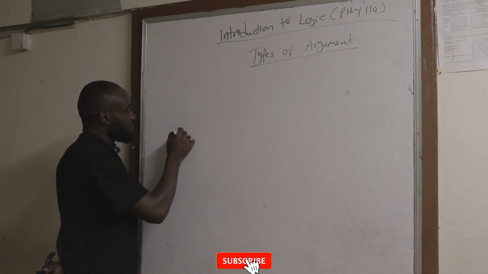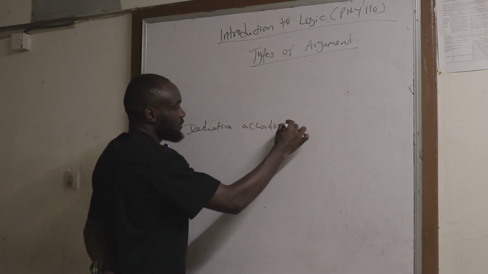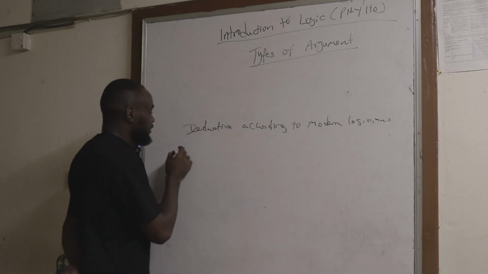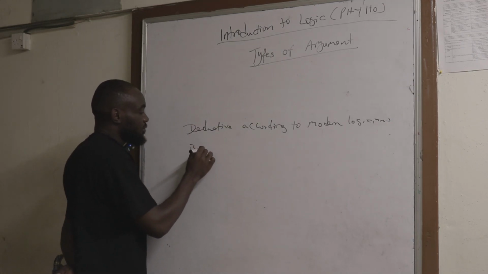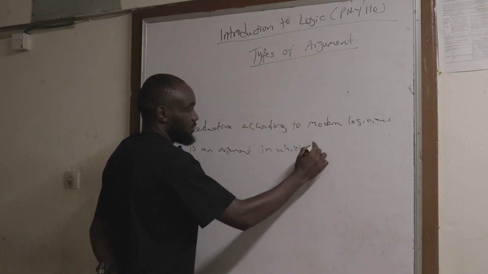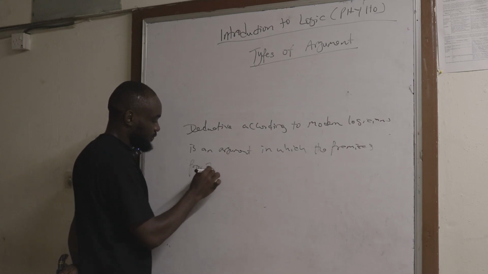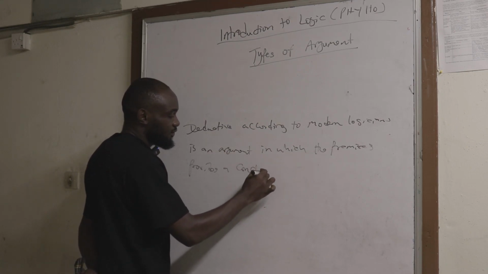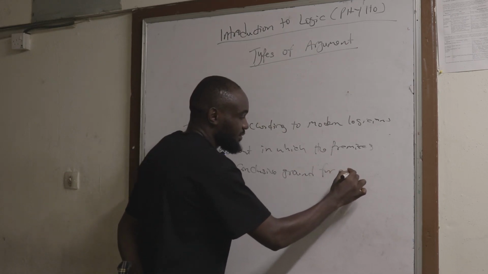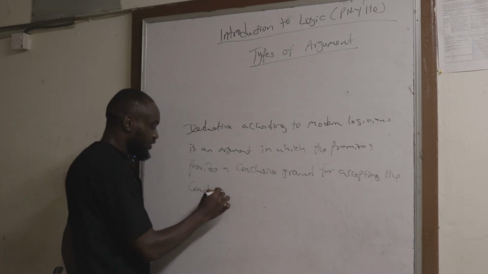A deductive argument, according to modern logician, is an argument in which the premises provide a conclusive ground for accepting the conclusion of an argument.